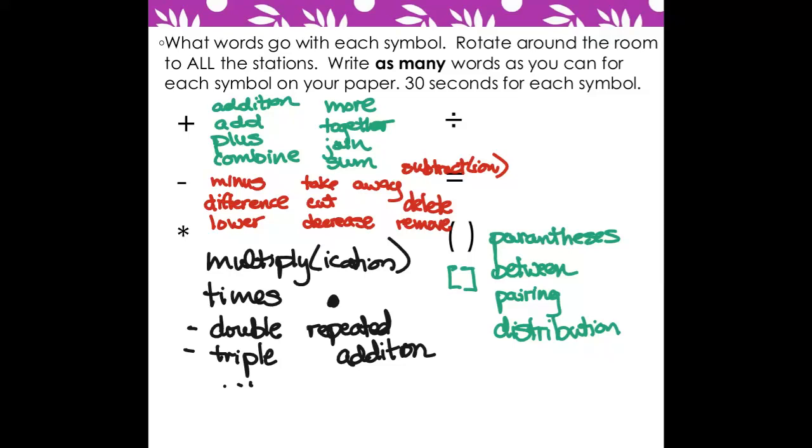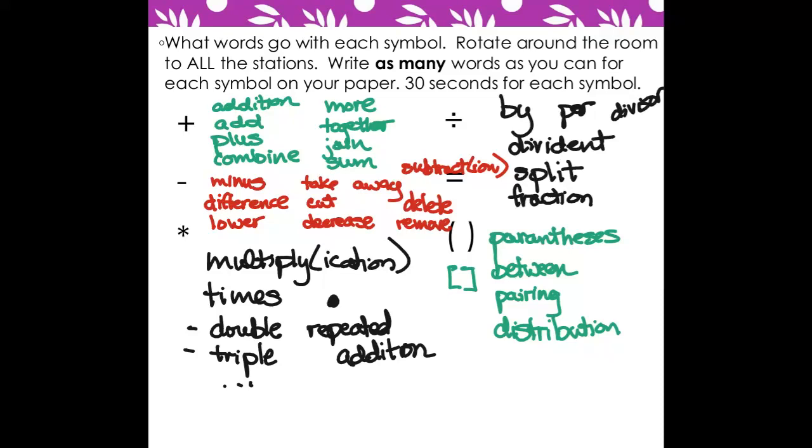All right, so then we have division over here. By, oh, that's good. Per. The dividend. Ooh, somebody's getting fancy. The dividend, division, split. I like that. Okay. Divide, fraction, divisor. Okay.